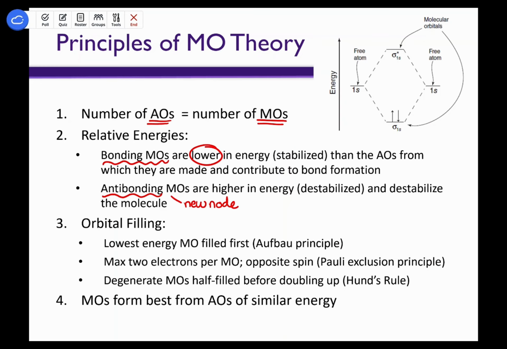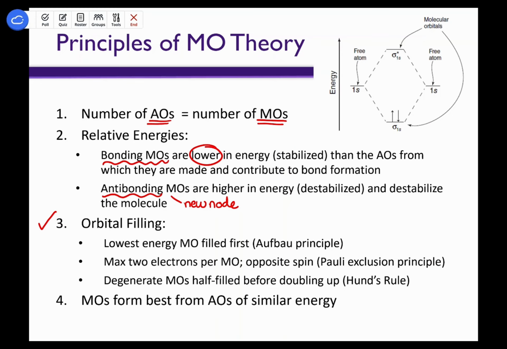And orbital filling, number 3, we just have to follow all the rules that we learned for atomic orbitals. So when we're filling electrons and putting electrons in these molecular orbitals, we follow the same rules. So that means we start at the lowest energy, the most stable available orbitals. We fill those up and go up in energy as we do that.